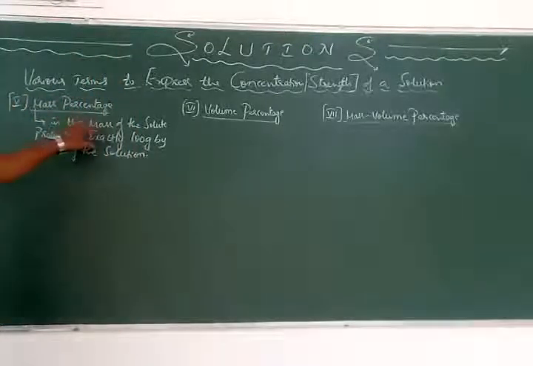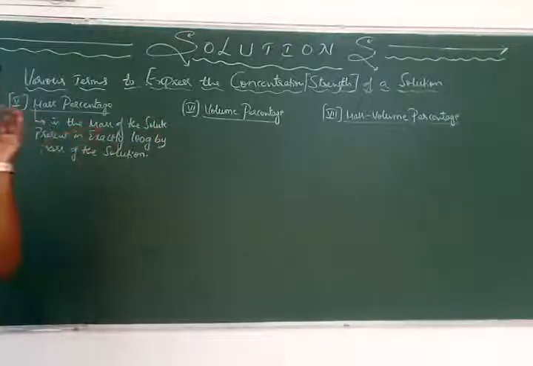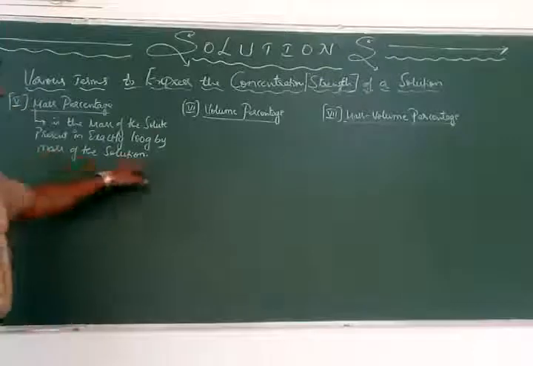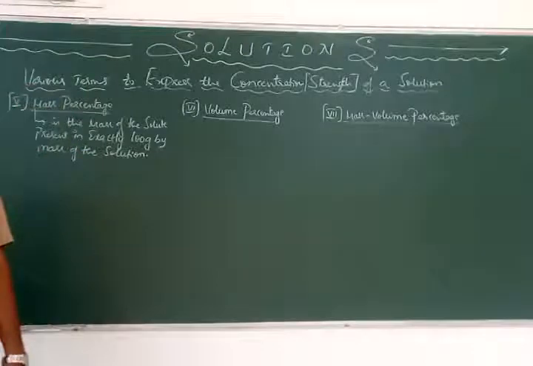It is the mass of the given substance or solute that is present in exactly how much? 100 grams of the mass of the solution. Means we are taking 100 grams of the solution. In that 100 grams, what is the mass of the solute that is present? It is called mass percentage.